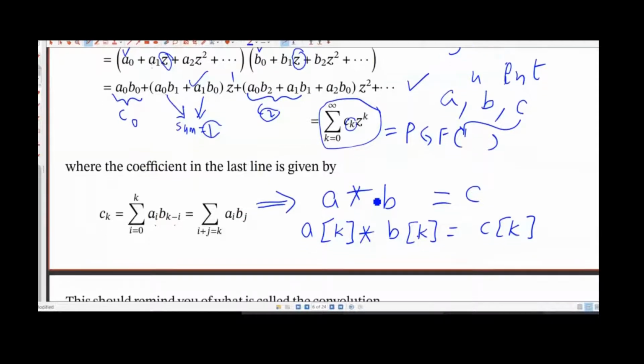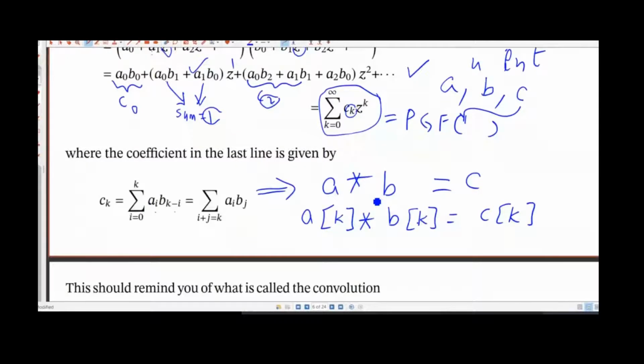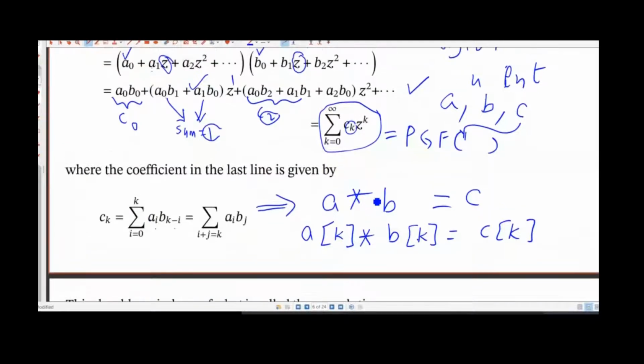Convolution. Yeah, convolution. What do you do in convolution? You do exactly the same thing. Rewrite it in this notation and you will know what I mean. So if this is i, this will be k minus i, and then I sum this from 0 to k.